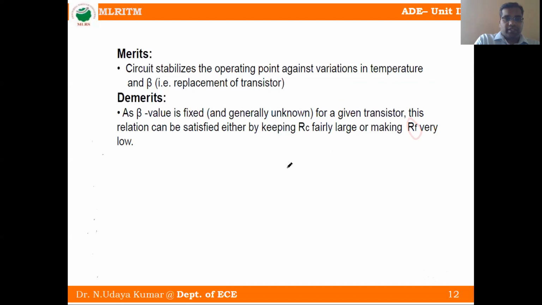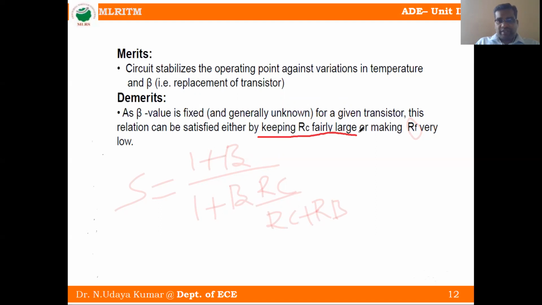See, I will explain. The stability factor S is equal to (1 plus beta) by (1 minus beta) into RC by (RC plus RB). So this is the stability factor equation. See here, by keeping RC fairly large, if the RC value is large, here also large, so the entire denominator term is large.